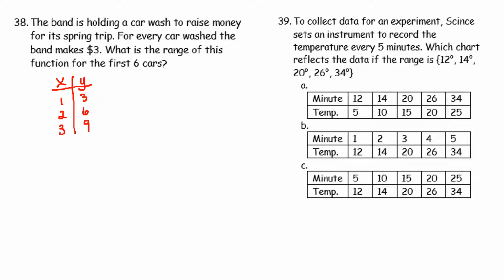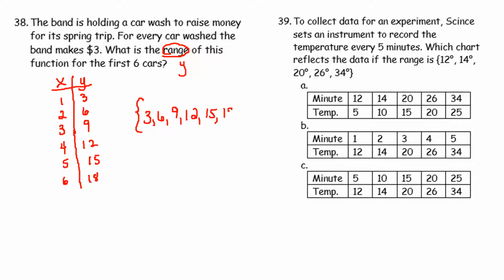Third car, 9. Fourth car, 12. Fifth car would be 15. And the sixth car would be $18. So, what is the range? Remember, range, we're looking for the y values. So that would be 3, 6, 9, 12, 15, and 18.